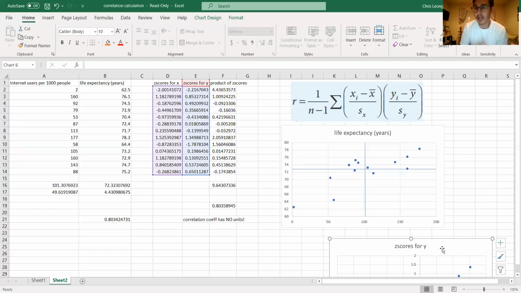Wealthier countries have more internet access, or are more developed, but they also have longer lifespans because they have better healthcare, better access to medicine, and maybe access to healthier food. So it's not that the internet is causing people to live longer. It's the fact that there's a third variable which was not even measured in the study, which is the wealth or the affluence of the country itself.